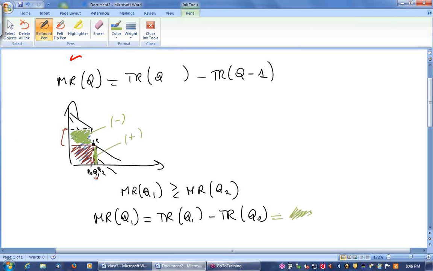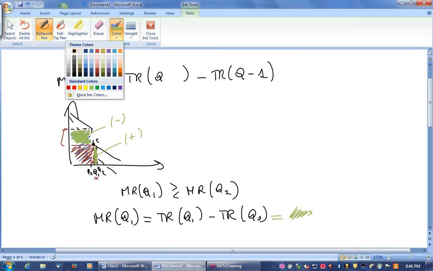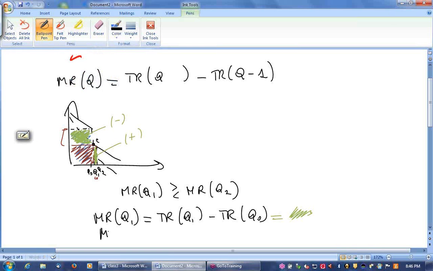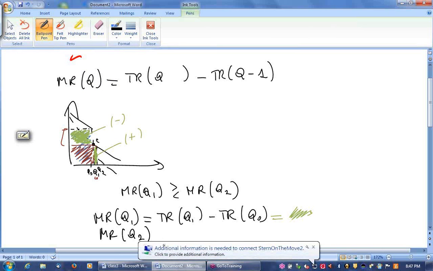That is the unit at which you jump from the high price to the low price. We have to compare it with the marginal revenue from selling one extra unit Q2, that is from passing from Q1 to Q2, and this is equal to the total revenues from selling Q2 minus the total revenues from selling Q1, right?